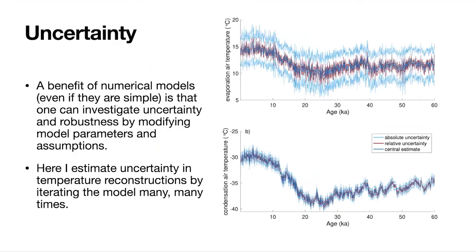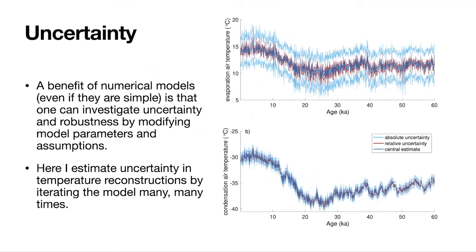The value of doing this in a numerical model, and in particular a fairly simple one, is that you can change assumptions or parameters that you built into the model to see how robust your results are.